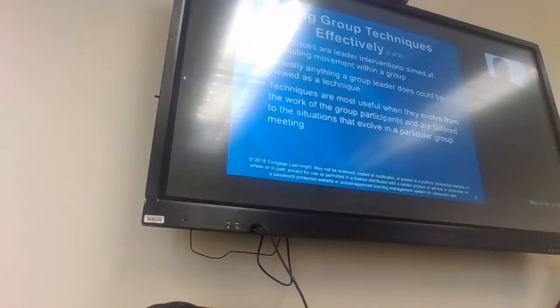And when we talk about techniques, they're very useful when they evolve from the work of the group participants, and they're specific or tailored to the situations that come from the group meeting. So long story short is that in some group approaches, you have a strategy, a pre-group meeting.